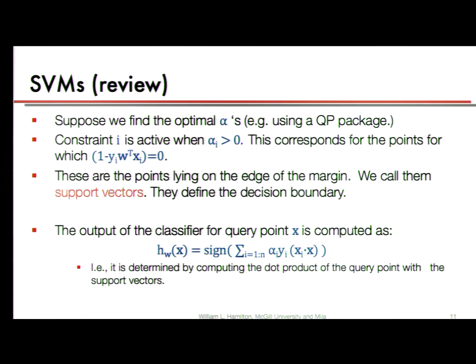And again, an important thing to note here is that we're summing over all of our input points, but most of these points are going to have alpha i equals 0, right? So really we don't need to actually do this sum over 1 to n. We really need to only sum over the non-zero alpha i's.